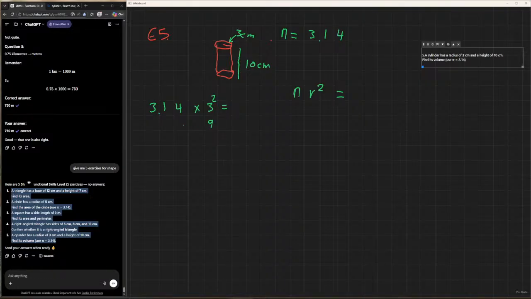3 times 3 is 9, so 3.14 times 9. 9 times 4 is 36. 9 times 1 is 9 plus 3 is 12. 3 times 9 is what? 27 plus 1 is 28. 2 decimal points.